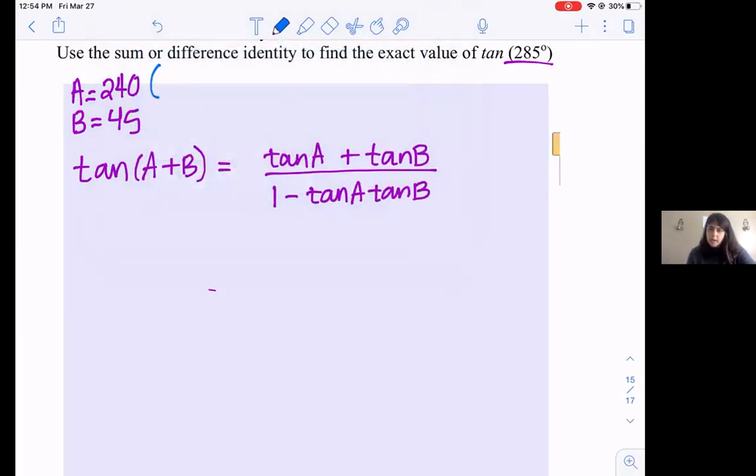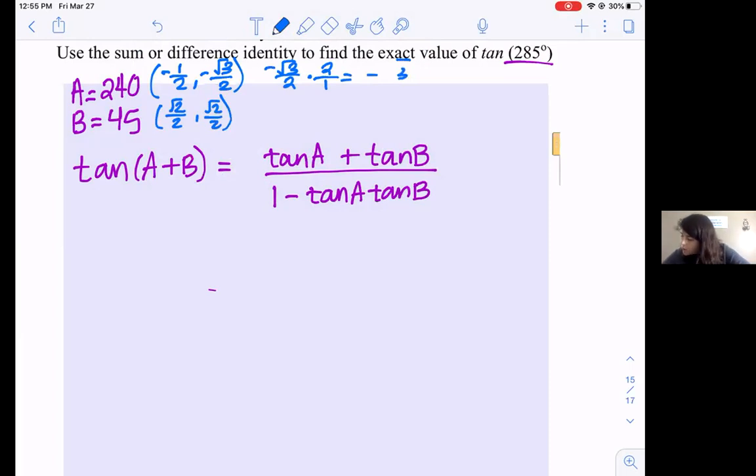So the coordinate at 240 is what? Negative 1/2, negative root 3 over 2. And at 45, it's just root 2 over 2, root 2 over 2. Okay, so when I calculate the y divided by x here, I'm doing negative root 3 over 2 times 2 over negative 1.